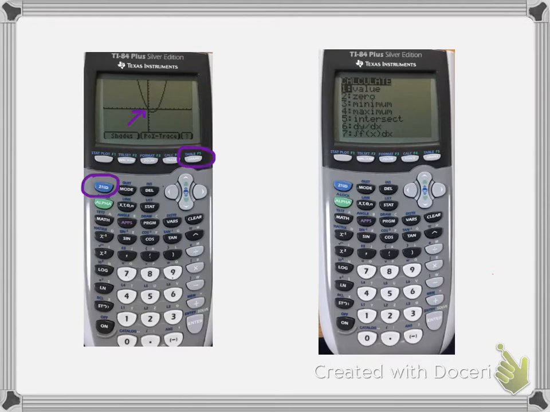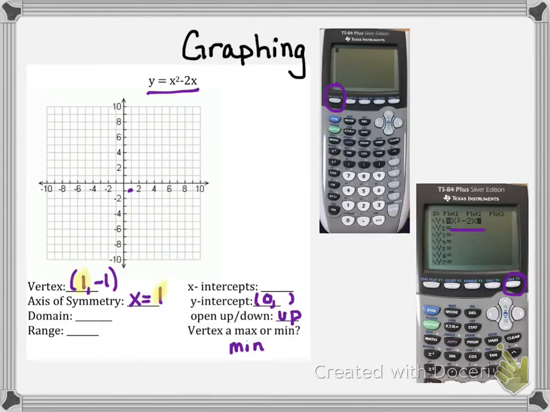Go into your table, find that place where x equals 0, and you will notice that your y-intercept is the coordinate (0, 0). Your x-intercepts are the places that your graph crosses the x-axis, so your y value is 0.